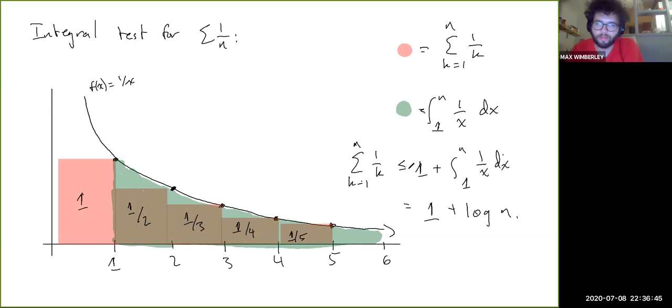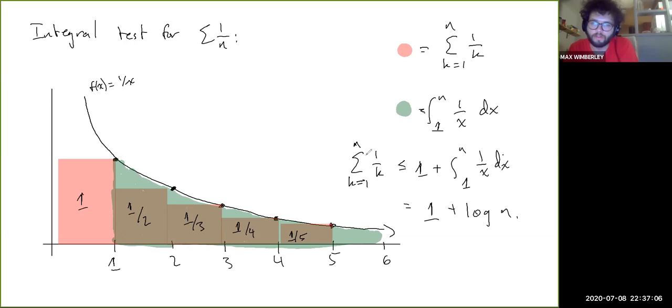Actually, this is completely useless, because if you know that something is less than or equal to something that goes to infinity, that just doesn't tell you anything. Anything is less than or equal to an expression that goes to infinity, roughly speaking, right?